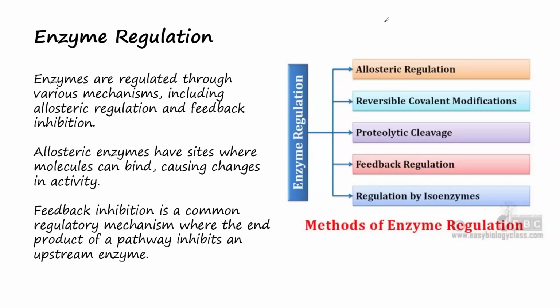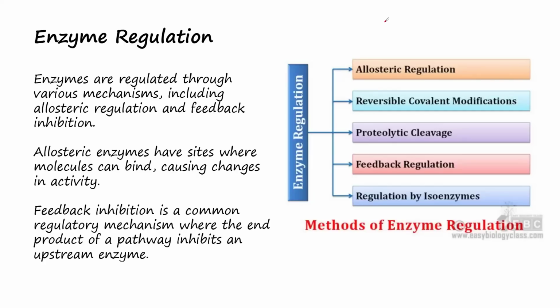The allosteric site is a site where a molecule combines with an enzyme, and once it binds, depending on the type of the molecule, it can be an activator, that is a molecule that increases the activity of the enzyme, or an inhibitor, that is a molecule that decreases the activity of the enzyme. So allosteric regulation is a regulation in which an enzyme has allosteric sites where an activator or inhibitor of the enzyme binds.